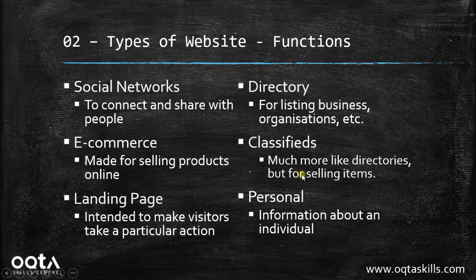And then the other type we have is the personal website, which is maybe this is who I am, and I want to pick a career in online tuition. I want to be teaching people. So I'm going to develop a website for myself to say, okay, this is me, this is what I do, this is what I've done. And so it's just a personal website, and it's more or less like a portfolio website, but it's specifically meant or built for an individual.